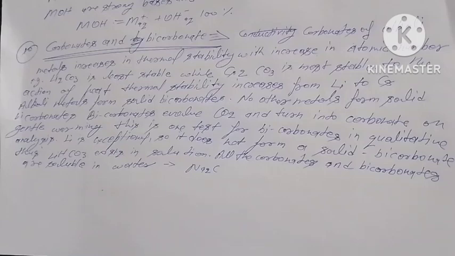Carbonates of alkali metals increase in thermal stability with increase in atomic number. Lithium carbonate, Li2CO3, is least stable, while cesium carbonate, Cs2CO3, is the most stable to the action of heat. Thermal stability increases from lithium to cesium.